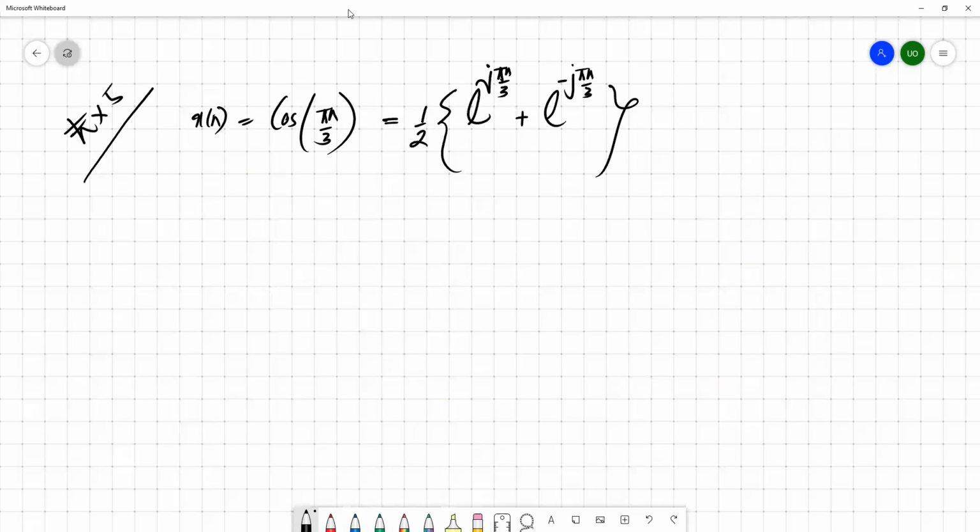So then, from the property table, you can simply get that e to the power j omega naught n, if you take the Fourier transform, this is equal to 2 pi, sum over L equals minus infinity to plus infinity, an infinite series of delta functions.